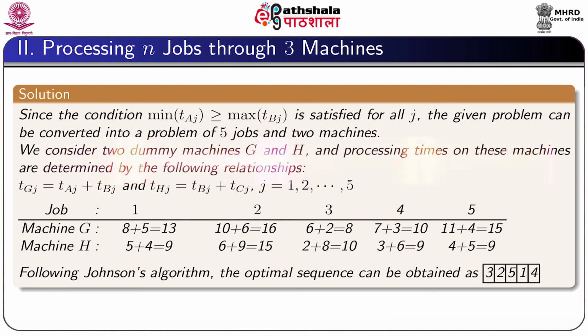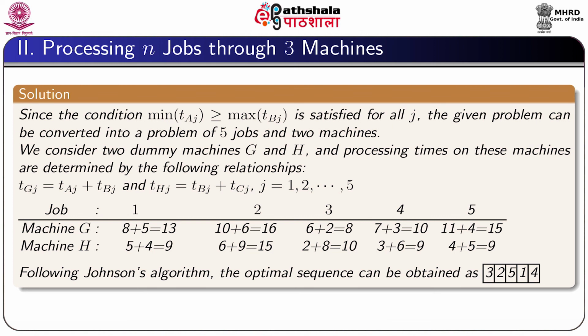And for this, we will introduce 2 dummy machines G and H, and the processing times on the dummy machines G and H can be obtained as Tgj equal to Taj plus Tbj and Thj equal to Tbj plus Tcj for j equal to 1 up to 5.